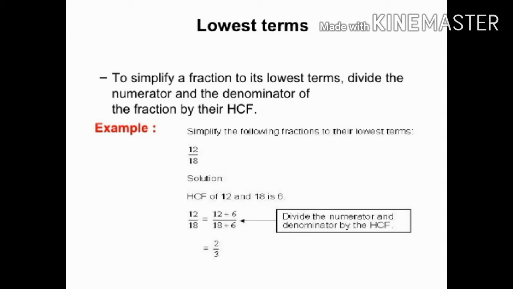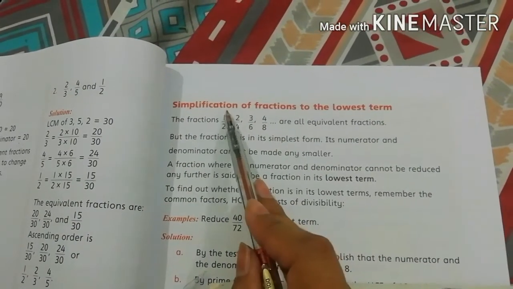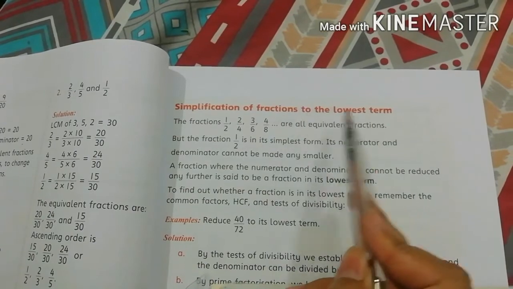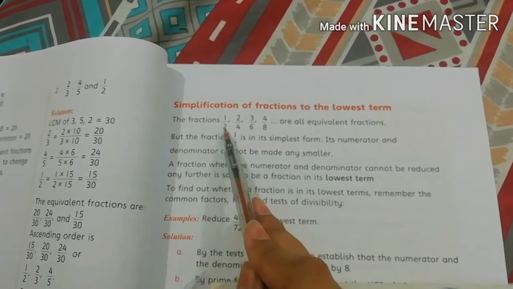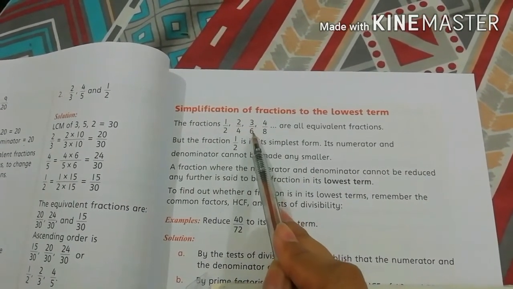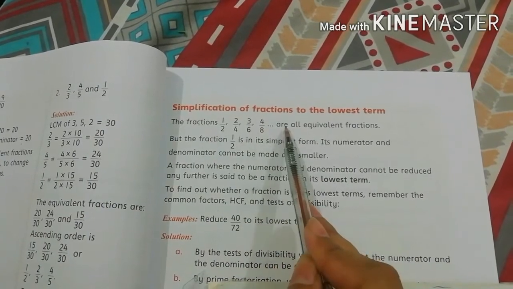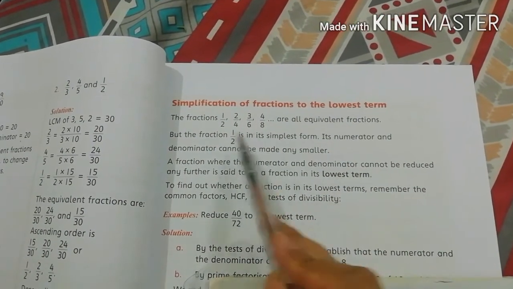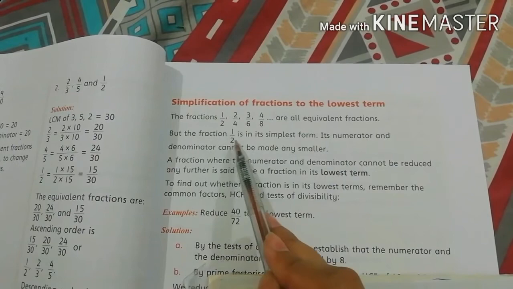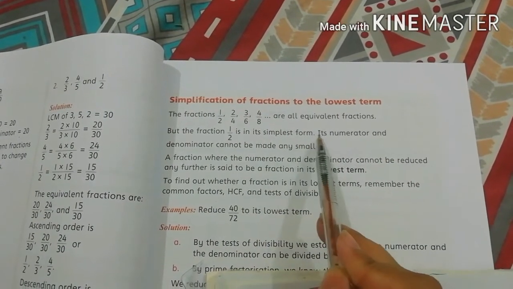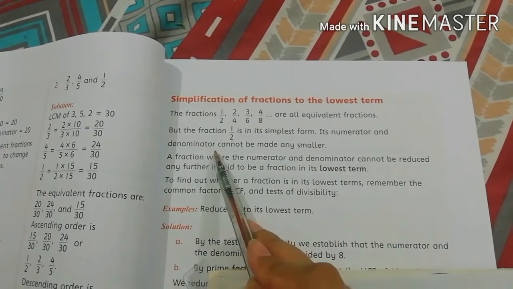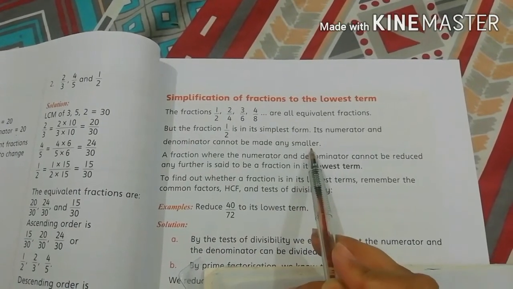Now read from the book. Simplification of fractions to the lowest term. The fractions 1 by 2, 2 by 4, 3 by 6 and 4 by 8 are all equivalent fractions. But the fraction 1 by 2 is in its simplest form. Its numerator and denominator cannot be made any smaller.